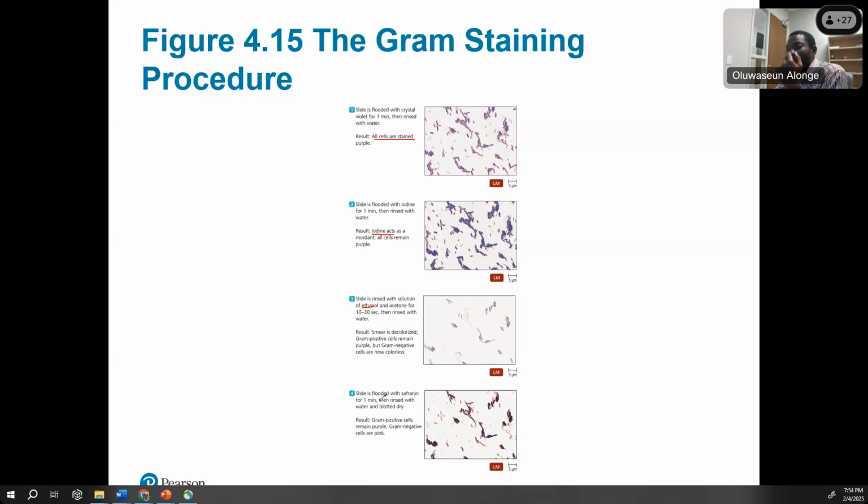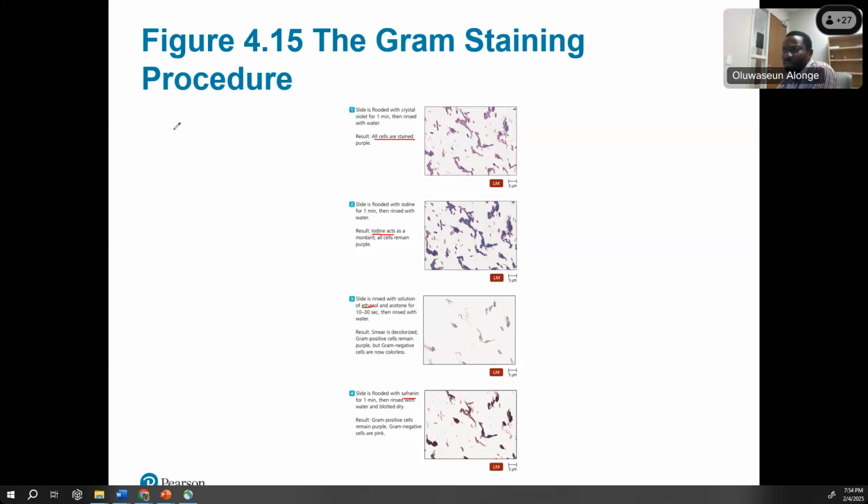Then you go ahead and stain with safranin, which is expected to stain the gram-negative bacteria. Now you see all the cells that were colorless because of the washing with alcohol, we call it decolorization, all the cells that were decolorized have now become pink, because safranin is pink, they've picked up safranin.